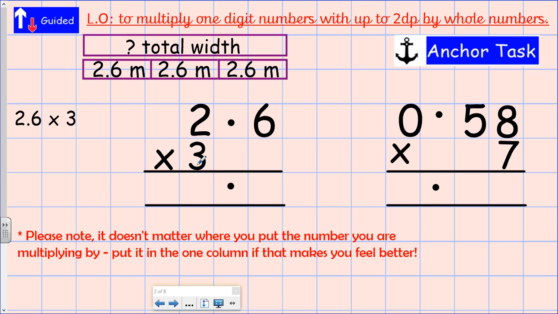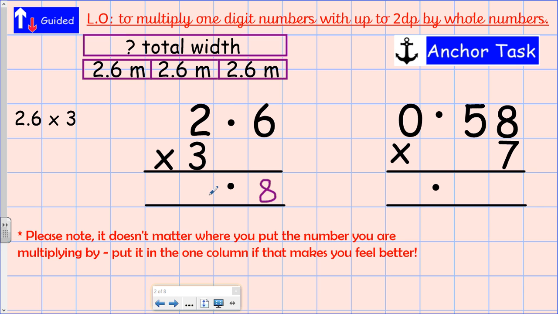I've set this up already with the lines and I've put the decimal point in for us here. Just like you would do with a normal column multiplication, I'm going to do the 3 times the tenths column. It's not the ones column, the tenths column. So I'm going to do 3 times 6 to start with. 3 times 6, I'm fairly certain, is 18.